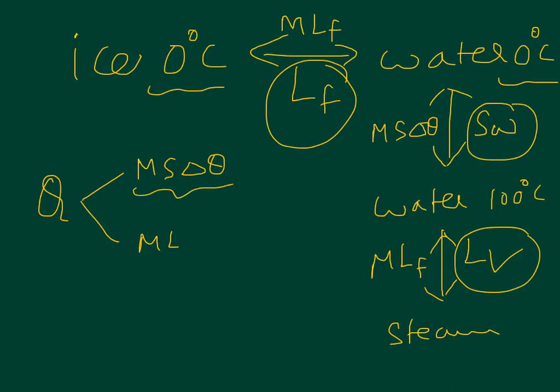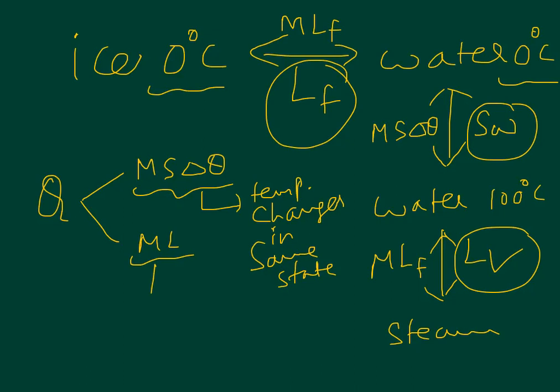The MS delta theta formula is used when temperature changes in the same state. Remember, never forget, temperature changes in the same state. And we use the ML formula, Q equal to ML, when there is a change of state at constant temperature.